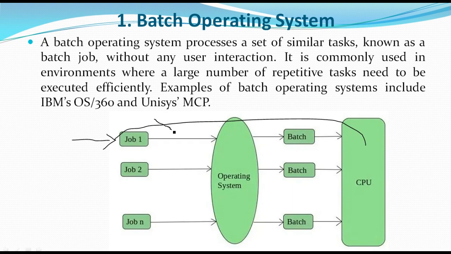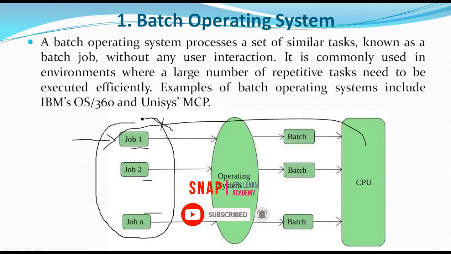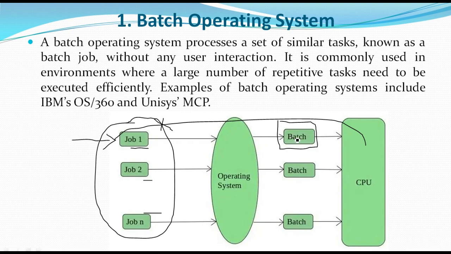All the jobs are gathered and created as one batch, and the operating system is responsible for gathering all the jobs, making one batch, and submitting that batch, meaning n number of jobs at a time, to the CPU. So this is how the batch operating system works. It is commonly used in environments where a large number of repetitive tasks need to be executed efficiently.